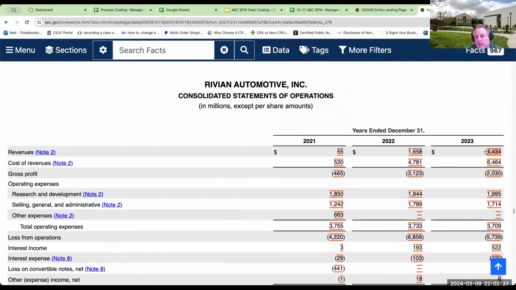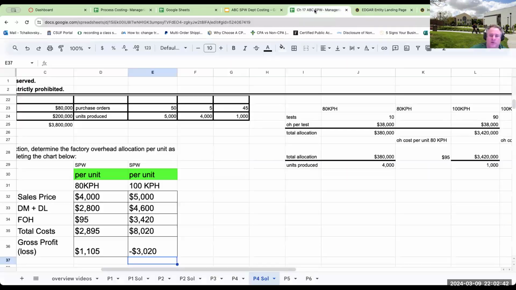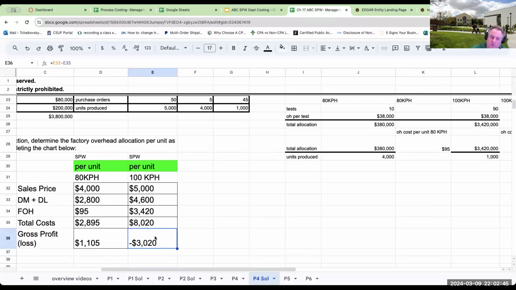Oftentimes, when we're trying to gain efficiencies of production, Tesla was kind of the same way, the cost of the revenue as we're ramping up can actually exceed the revenue. If we're losing money basically by the cost exceeding what we're selling it for, that's generally not a good thing because we want to be selling things for more than they cost.